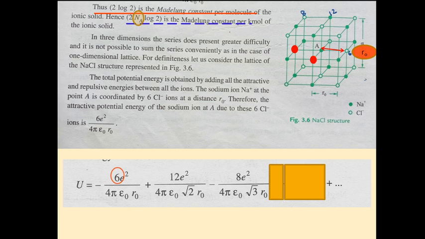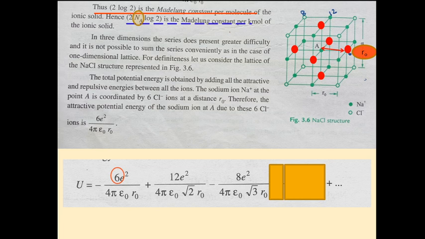The second atom is over here, again at R0. One is in the backside of A, also at R0, and one is on the right hand side, one on the left hand side, one in front of A, one at the back of A, so that is 4 chlorine atoms. One is at the bottom of A, again at R0, and one at the top.